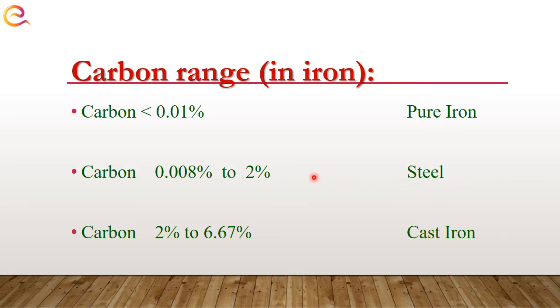What does it mean? It means some part or some composition of pure iron comes under steel. Then next type, if the percentage of carbon ranges between 2% to 6.67%, then that material can be called cast iron, which we have studied in our previous session.